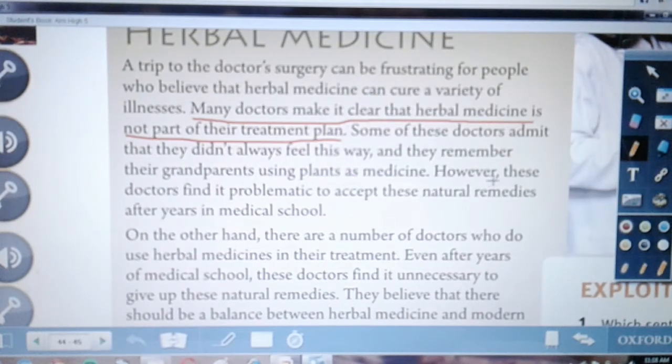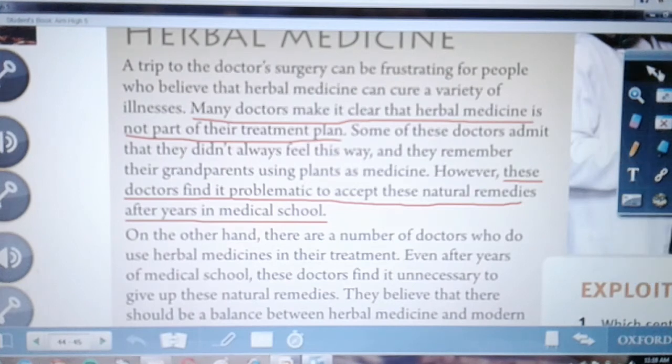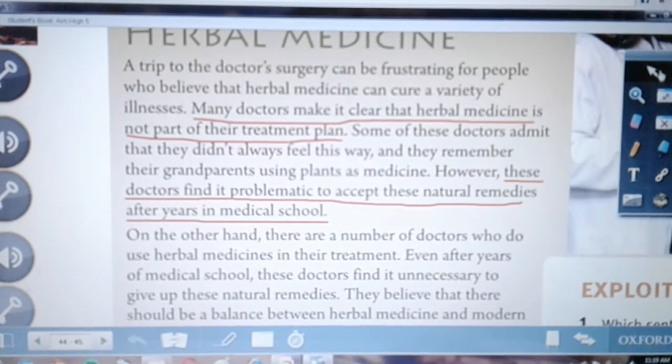Yep, this one, guys. So we have found two examples of preparatory it as object in the first paragraph.